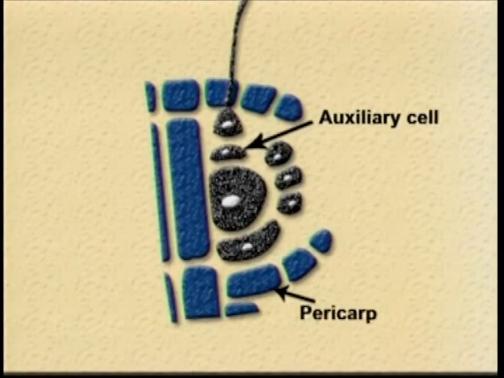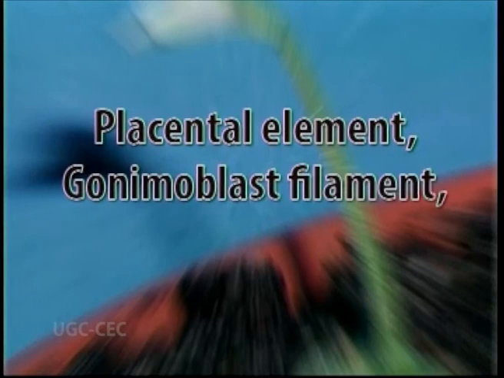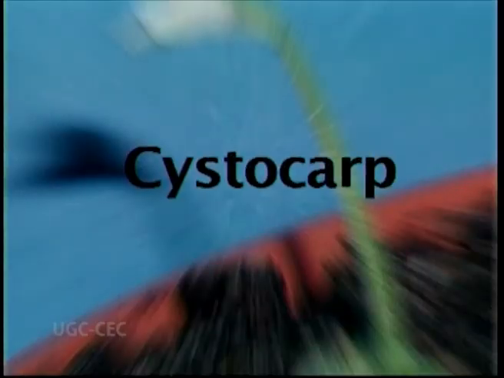Meanwhile, with these changes, the pericentral cells adjacent to the supporting cell divide several times to form a protective flask-shaped covering, the pericarp. It consists of 2 layers and has a wide aperture at its distal end. The entire structure, consisting of the placental element, gonimoblast filaments with terminal carposporangia, and the surrounding pericarp, is termed a cystocarp.